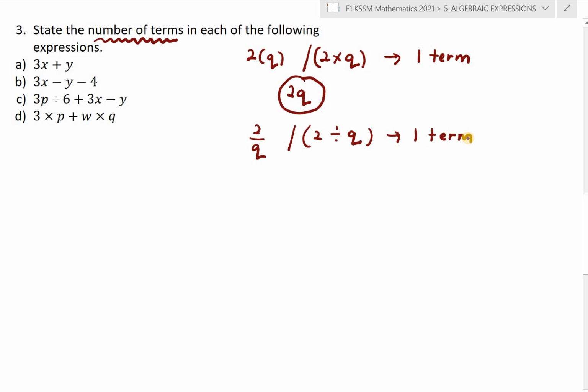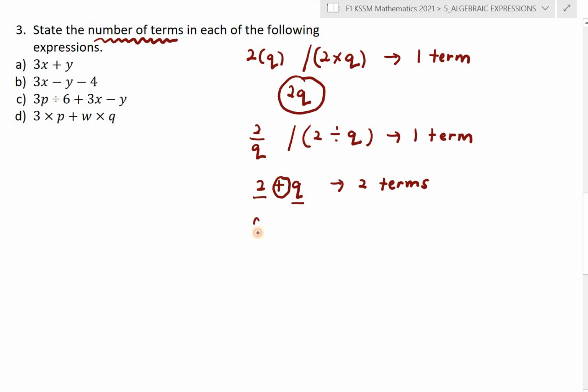But if I put 2 plus Q, 2 is one term and Q is the second term. So 2 is the first term, Q is the second term. This one is 2 terms, because the question asks for the number of terms, and it is addition. If it is subtraction, it is the same.